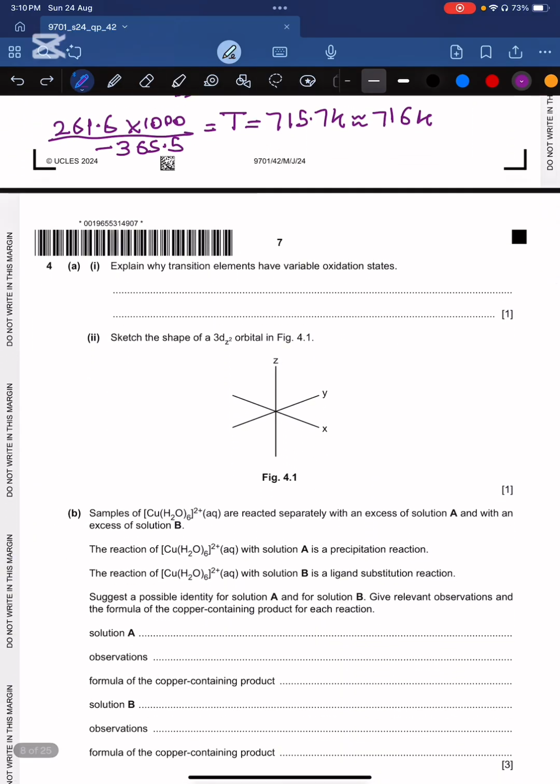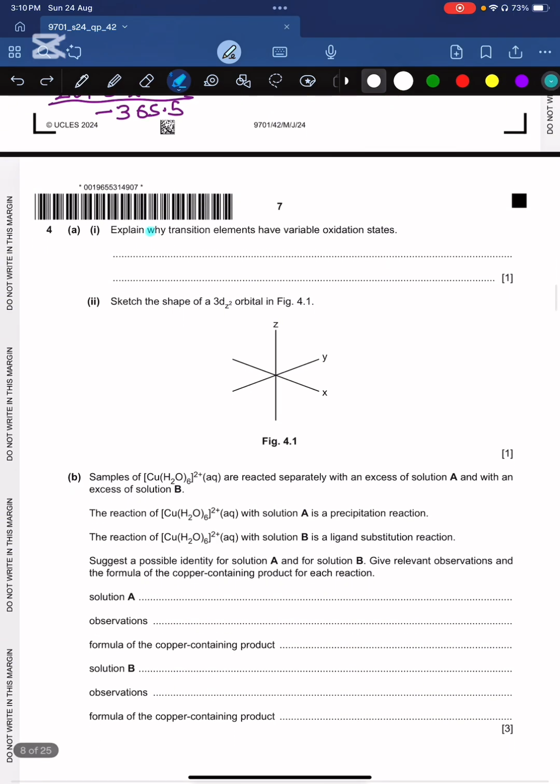The next question is from transition elements, which states, why do transition elements have variable oxidation states? Now we need to understand this. When we talk about transition elements, we talk about the d subshell. The reason they have variable oxidation states is that sometimes Fe becomes plus 2, and Fe also sometimes becomes plus 3.